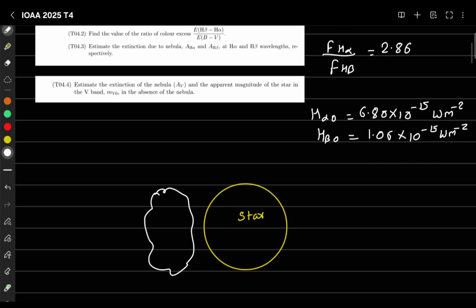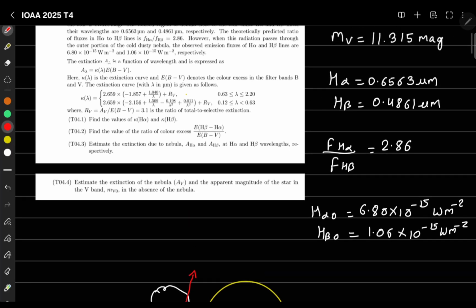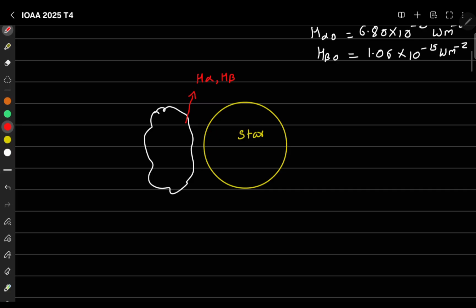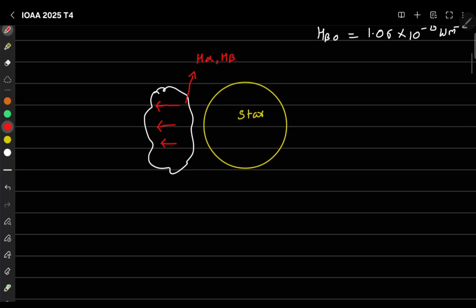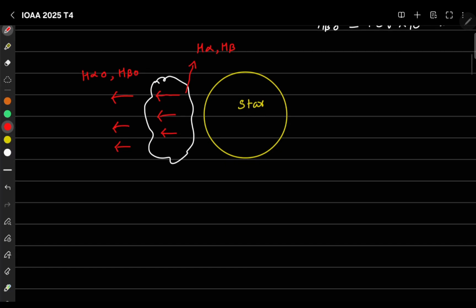The region close to the star is ionized, and because of that H alpha and H beta are emitted. Then this light passes through the nebula, and what we observe is H alpha observed and H beta observed.